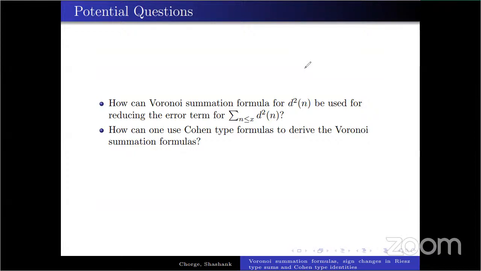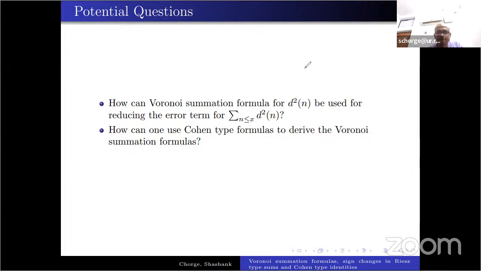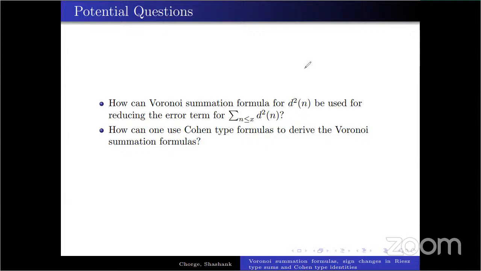In the same paper, he actually mentioned it not only for d square n, but for any higher power of d n also, as far as I remember. So maybe it would be good to think about whether a Voronoi type summation formula for higher powers of d of n can be obtained.